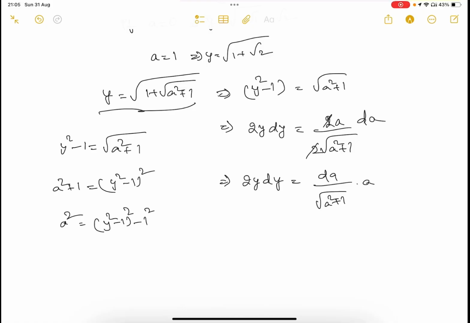This can be written as 1 square. Then a square minus b square is a minus b into a plus b, right? Then this will be y square minus 1 plus 1, which is y square, and y square minus 1 minus 1, which is y square minus 2. That is, y into root y square minus 2.